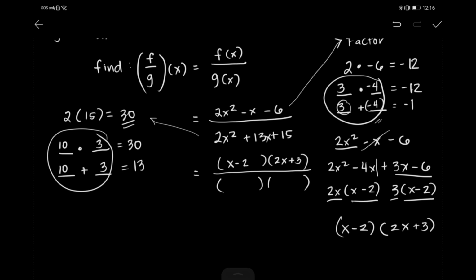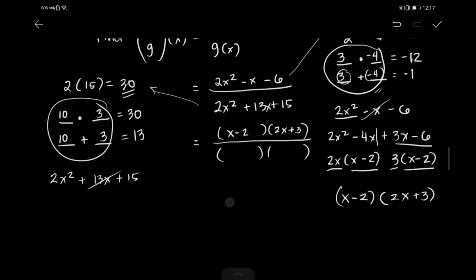Bring down the original denominator, which is the 2x squared, then the 13x, then the positive 15. Cross out the middle value and write the two numbers that you got here, which is 10 with variable x and positive 3 with variable x.